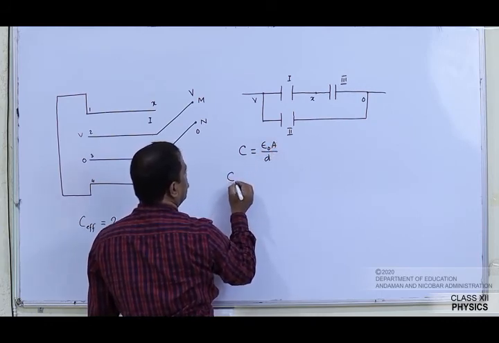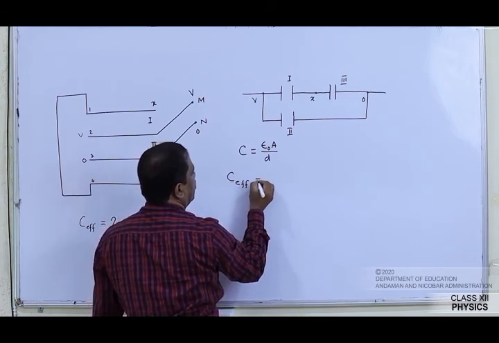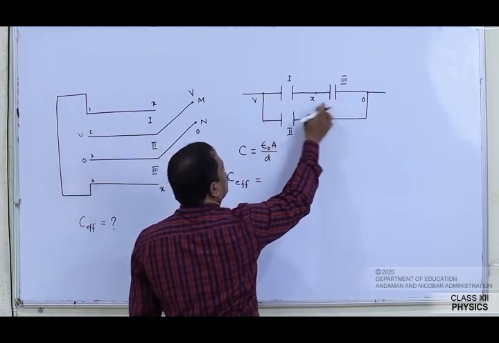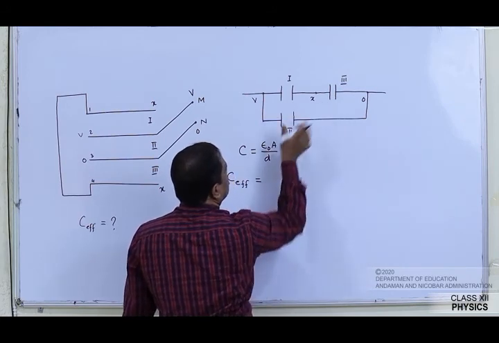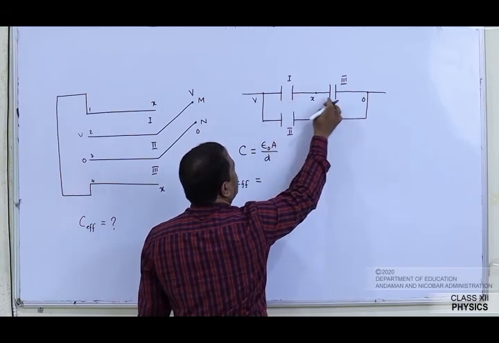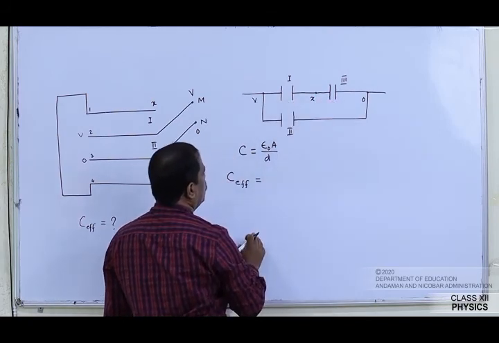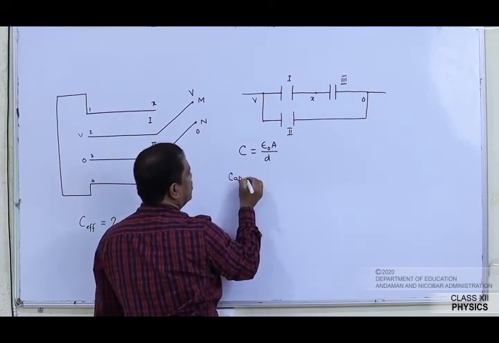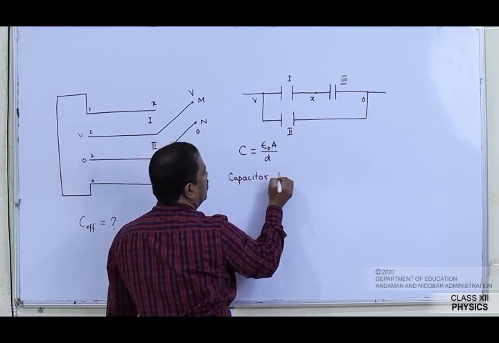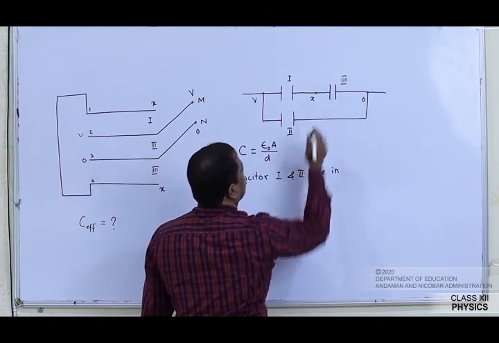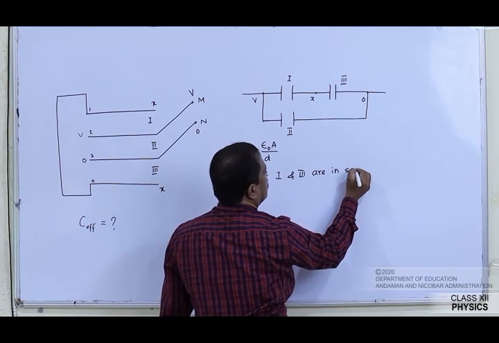And when I say C effective, I see that capacitors 1 and 3 are in series.